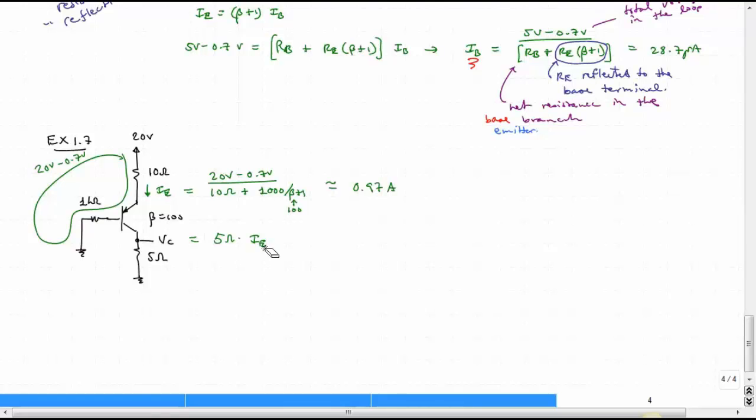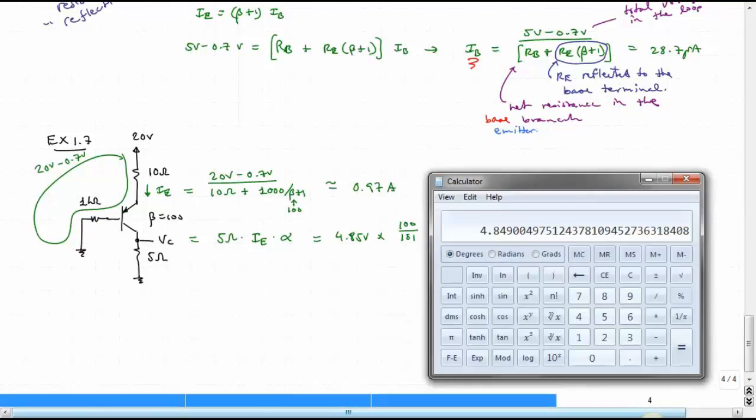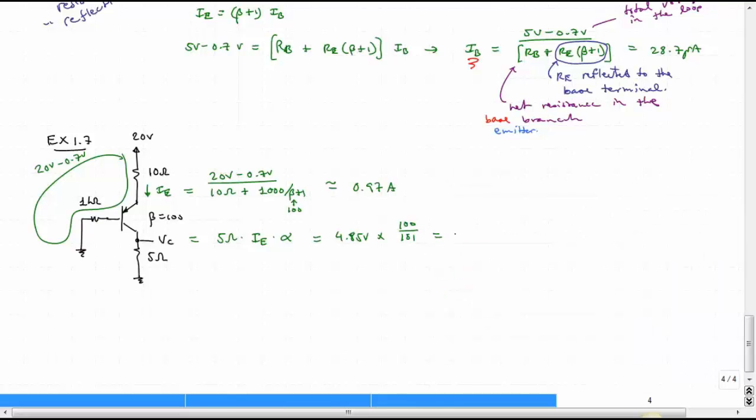Oh wait, take that back, let's write this out: 5 ohms times IE times alpha. Remember, I don't get all of the emitter current. So this is going to be 4.85 volts times alpha, which is going to be my 100 over 101. That's really not going to change it much. 4.8. There we go.